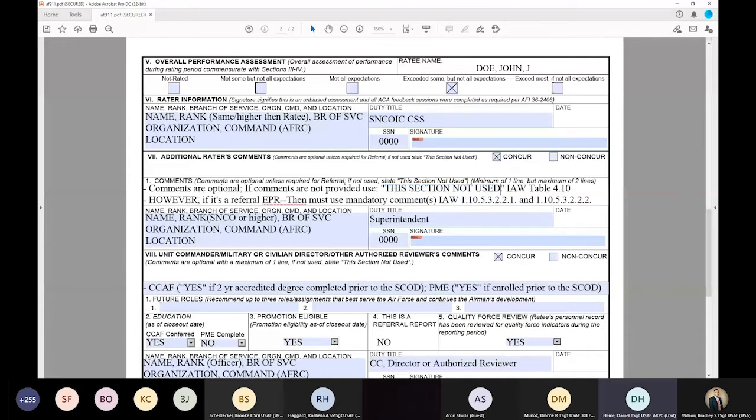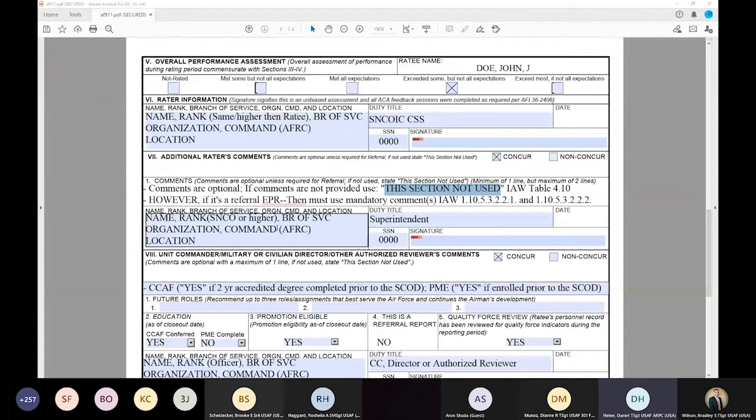So this section not used would be included as that 1 bullet if that is what the additional rater chooses to add. If it's a referral EPR, then they have to have one of the 2 mandatory comments that are in the AFI for referral reports. The additional rater would either concur or non-concur with the rater. If they non-concur, they do have to add why they do not concur with the rater's overall rating.